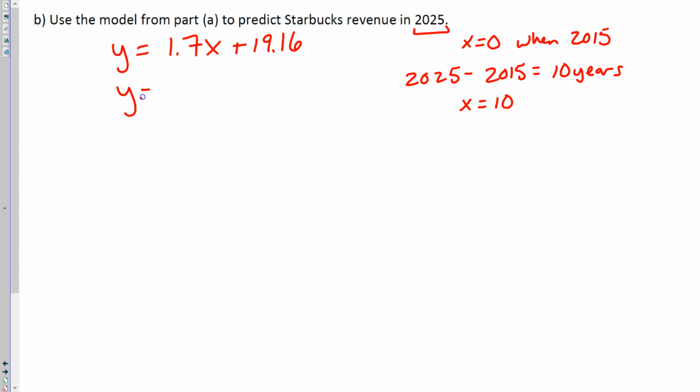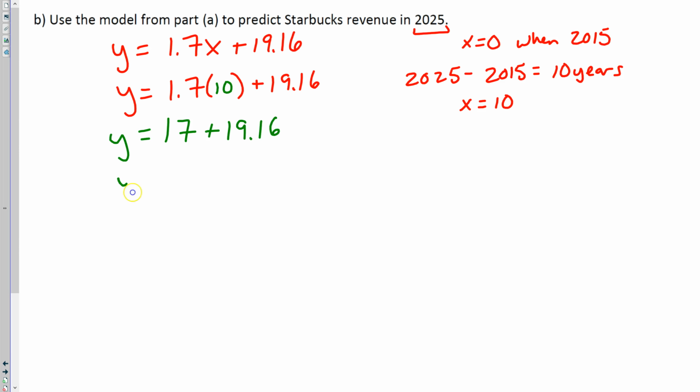So I'm going to take my model, replace x with those 10 years that have passed, and just crunch the numbers. We could type this in one step to our calculator or take it one piece at a time. 1.7 times 10, that's 17. Added with 19.16, that's 36.16. And we want to put this in the context of our problem, so I'm going to write this as a sentence.